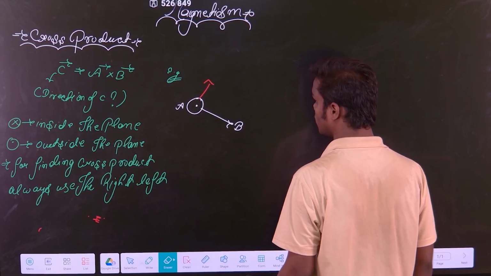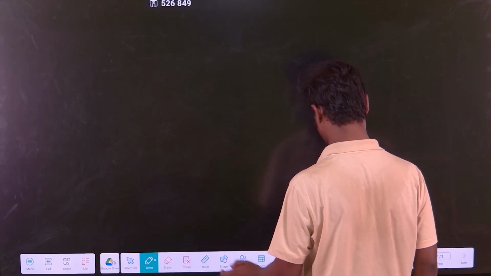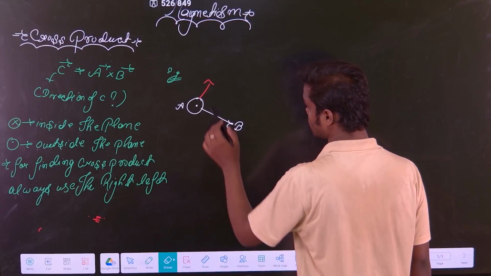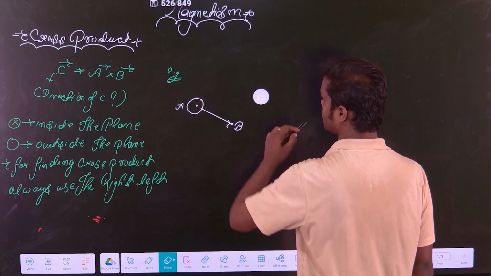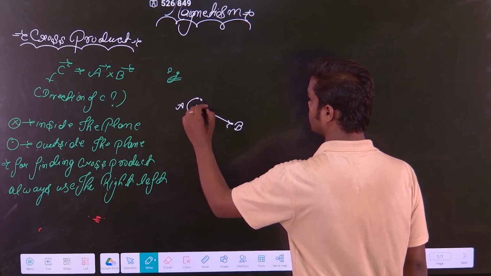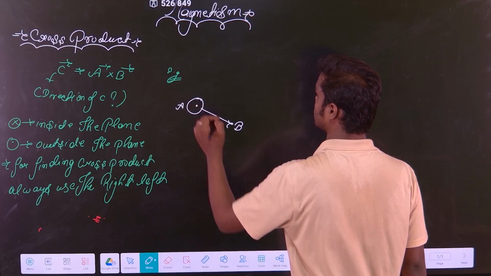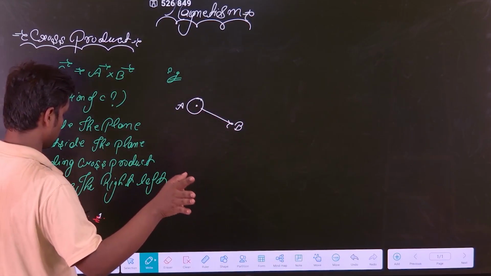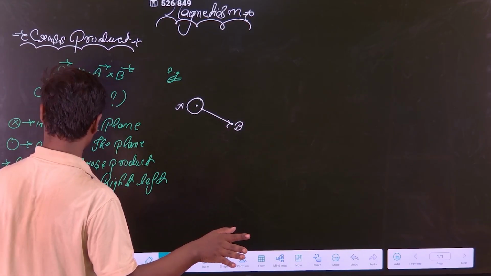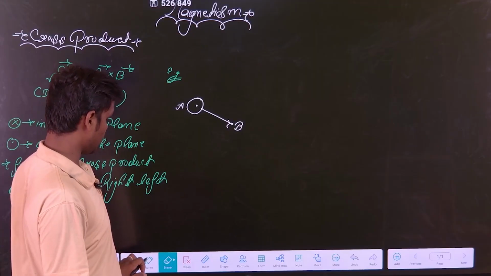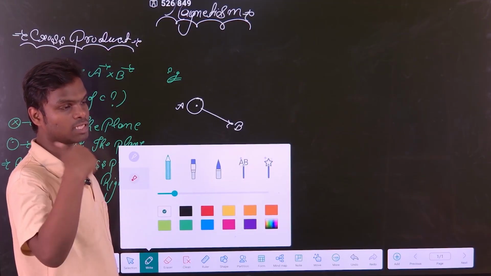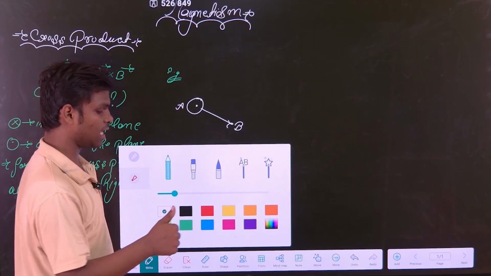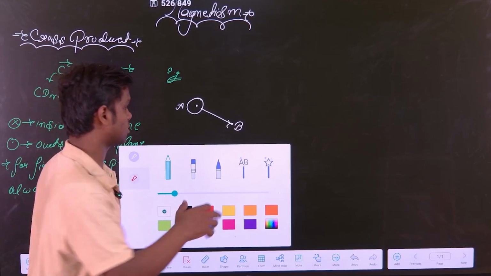Listen again. First keep your right hand in the direction of the A vector. Then curl your hand in the direction of B. Then the thumb will give the direction of the C vector. Clear?